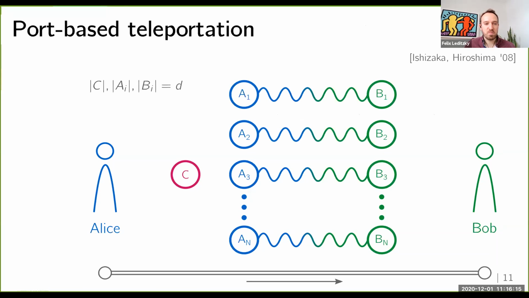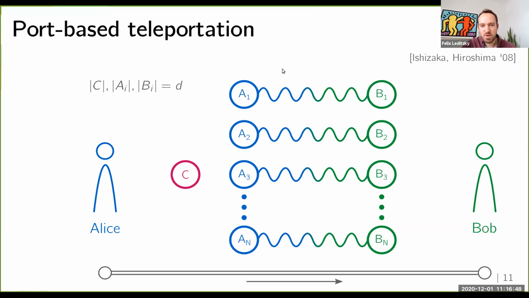Okay, so what is port-based teleportation? We again have a similar situation as before. We have two separated parties, Alice and Bob, and the task is again to teleport an unknown qubit that Alice has in the C qubit here to Bob using entanglement and a classical communication channel. And this variant of teleportation, which was devised by Ishizaka and Hiroshima in the late 2000s, starts now not with one maximally entangled state, but let's say with n maximally entangled states.